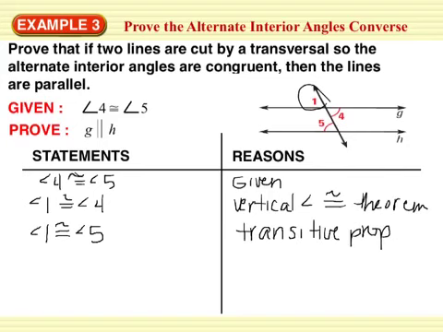And if 1 is congruent to 5 and 1 is congruent to 4, I can substitute out angle 4 is congruent to angle, oh, I did that backwards, erase. Sorry, we know that angle 1 is congruent to angle 5, so we can actually finish it.